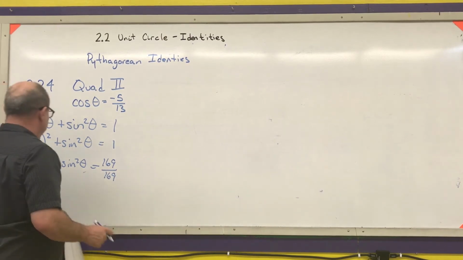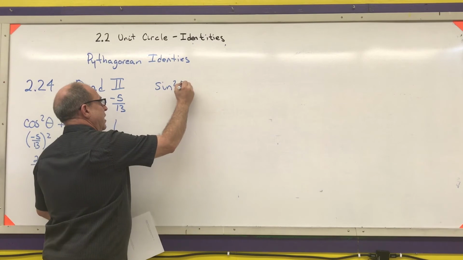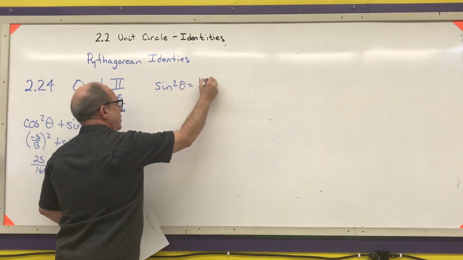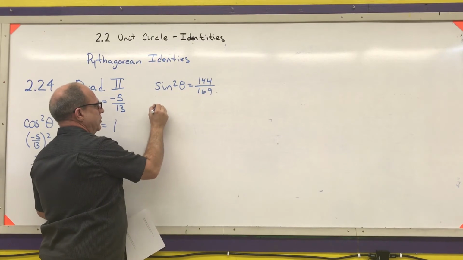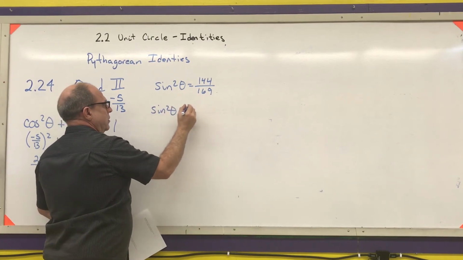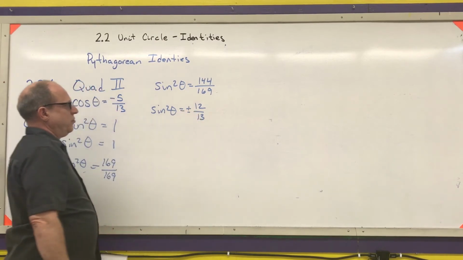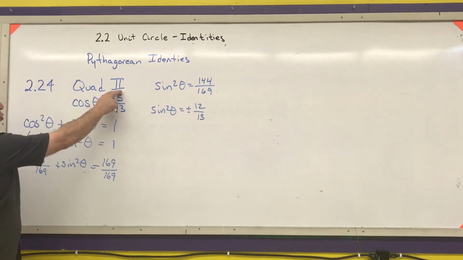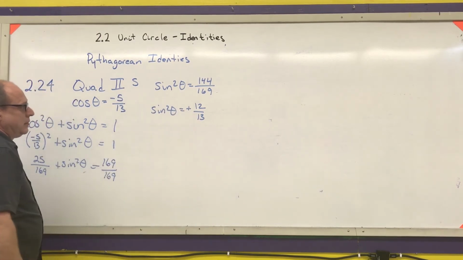Subtract the 25 169ths from both sides, and I get 144 over 169. Take the square roots. So it's plus or minus 12/13, but in quadrant 2, I know that sine is positive.